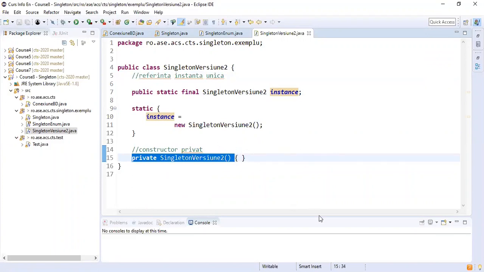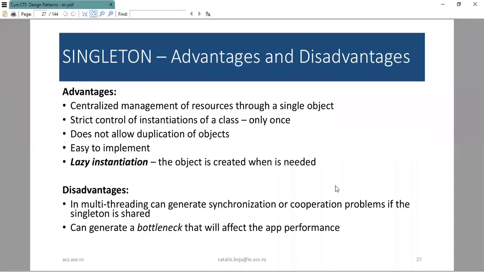Okay, so this is the kind of stories that we will see in the following weeks. We will go through the other patterns, okay, and at the end we will talk about advantages and disadvantages. For singleton, I already enumerated the biggest disadvantage. It can become a single point of failure, and it's a bottleneck.